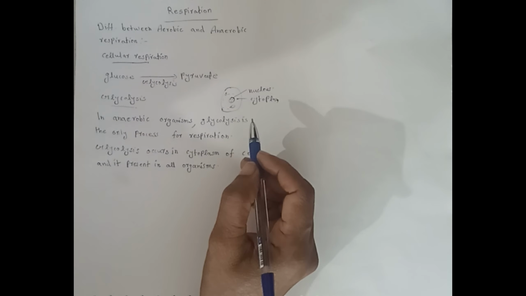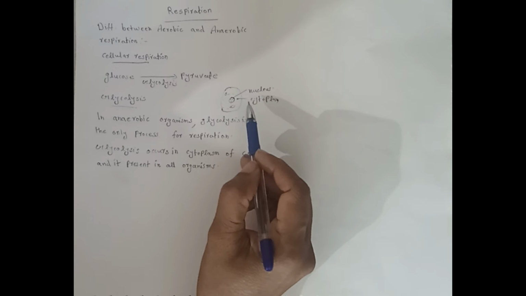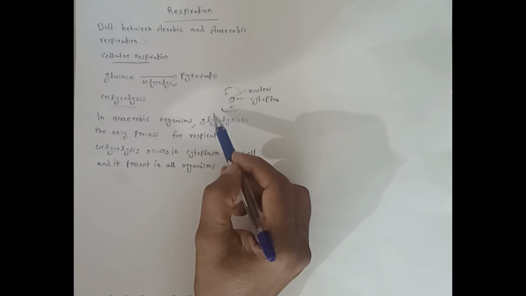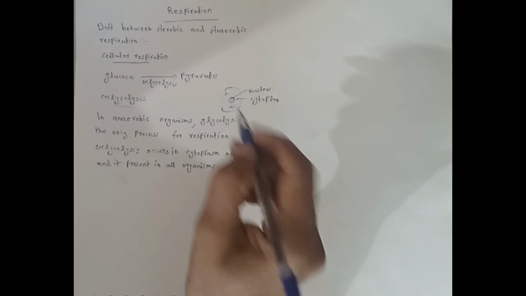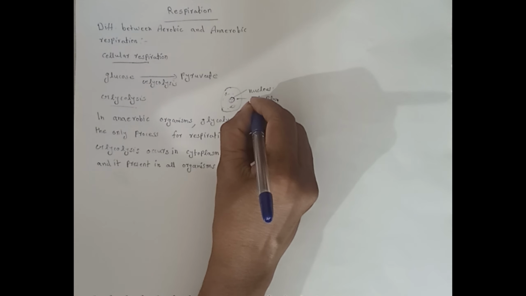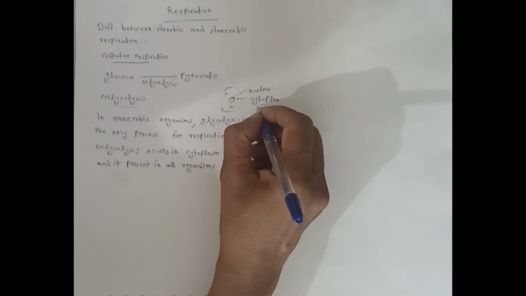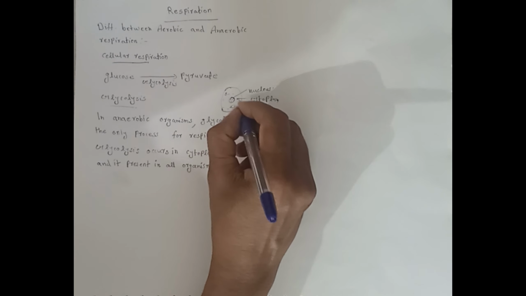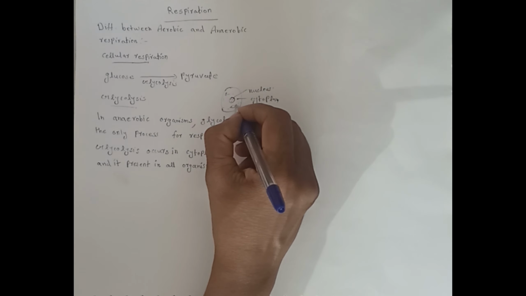Then what is protoplasm? All the cell content is known as protoplasm, which includes cytoplasm and nucleus. The content without the nucleus is known as cytoplasm. Glycolysis occurs in the cytoplasm of cells.